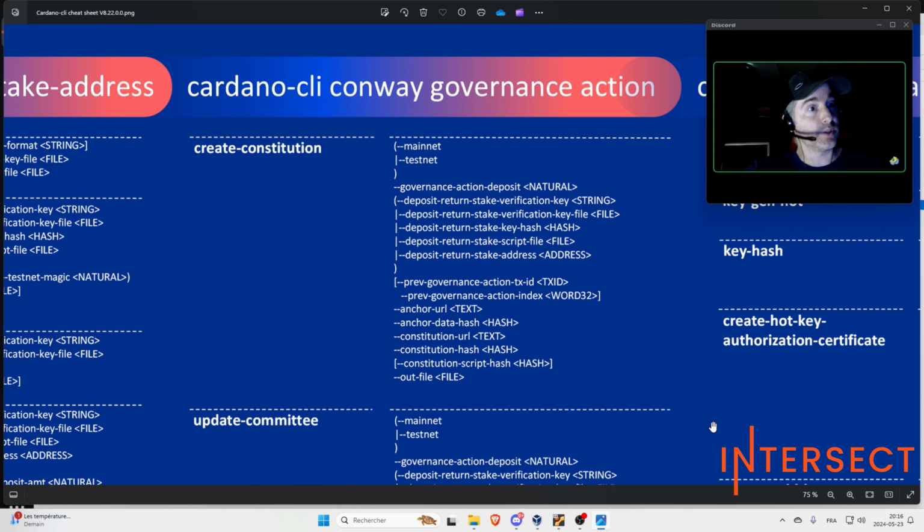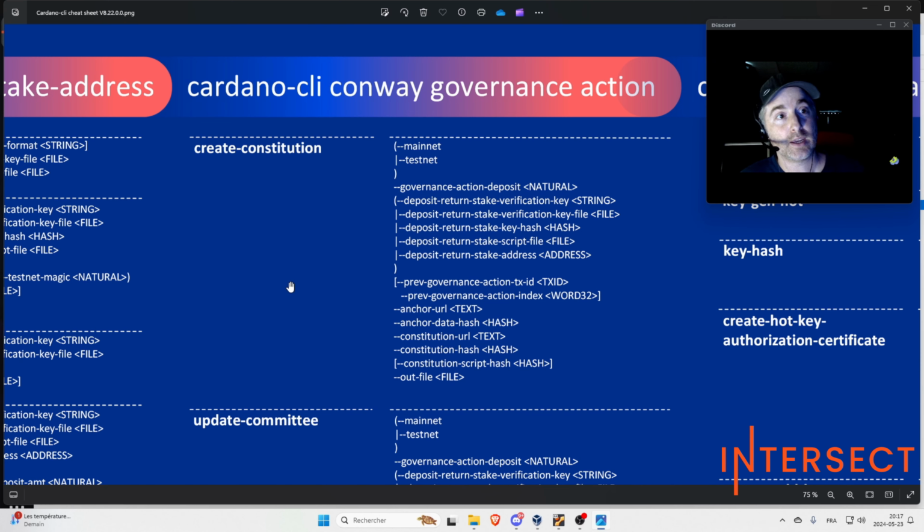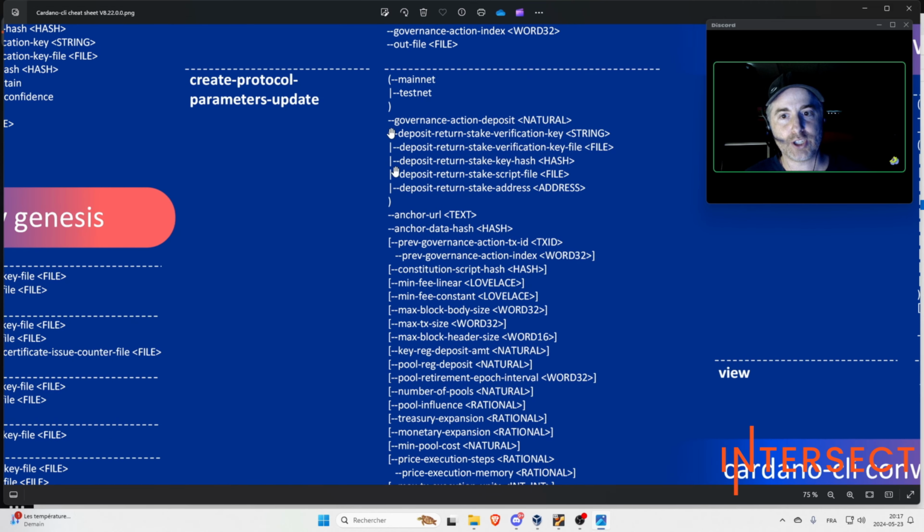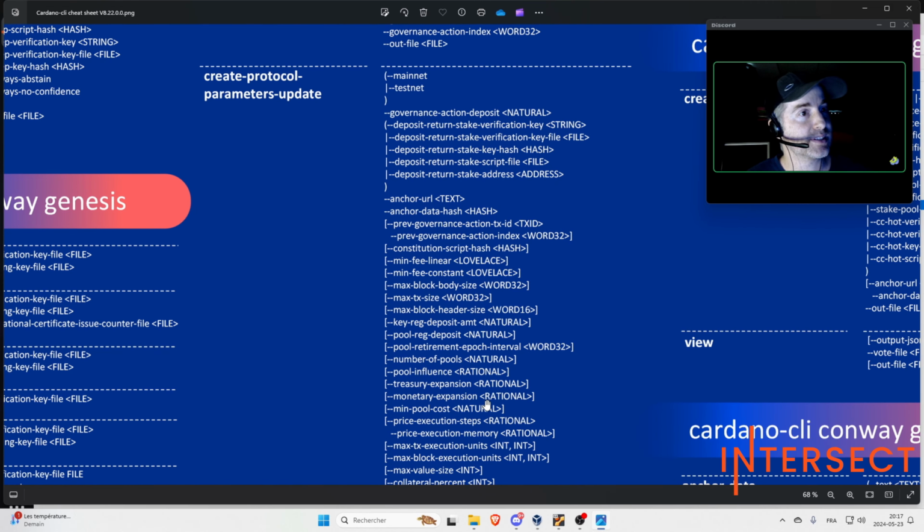And I want to lower those constant fees or the base fees of a transaction, but I want to lower it below something that's written in the Constitution as a guardrail. Then first I would have to change the Constitution part that mentions this. And then when it's done, I can go ahead and change the protocol parameter itself to a value that used to be under what's in the guardrail of the Constitution.